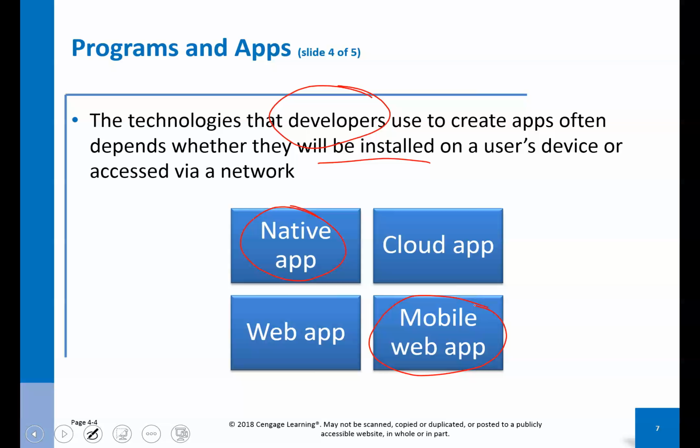Now there come another two, which most of the time would be easier to use because you don't have to install them. That would be the web and the cloud app. The difference between the web and the cloud app basically is whether they keep the data or not. The web app can be a web page here that would function like software for you, and the data can be stored onto your mobile phone or computer.